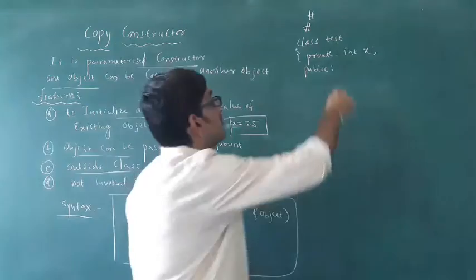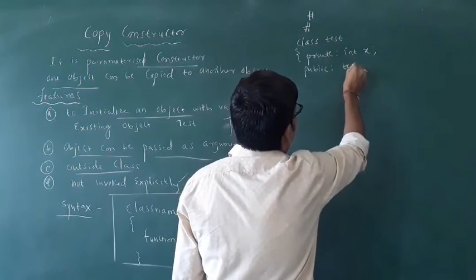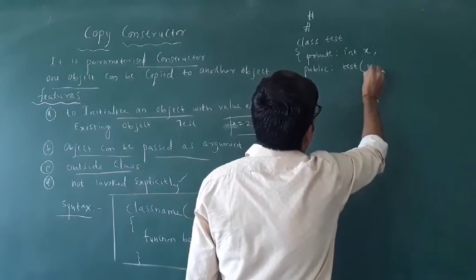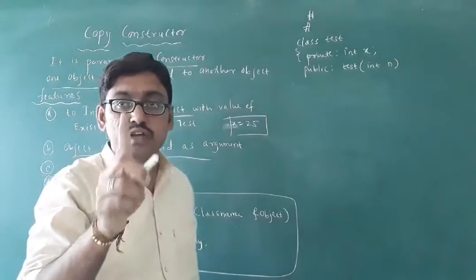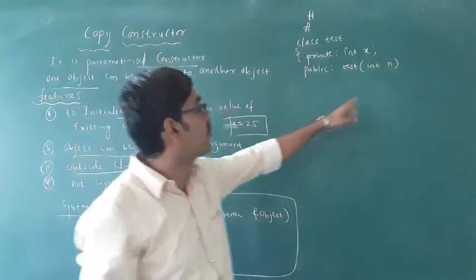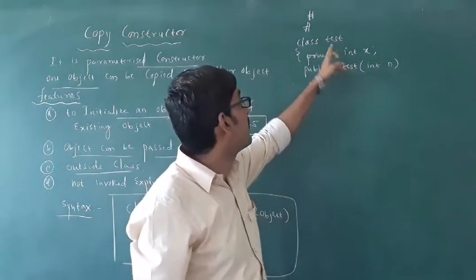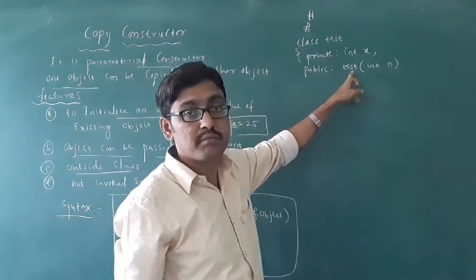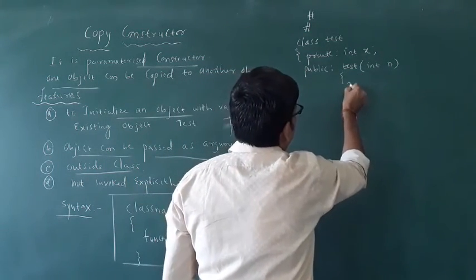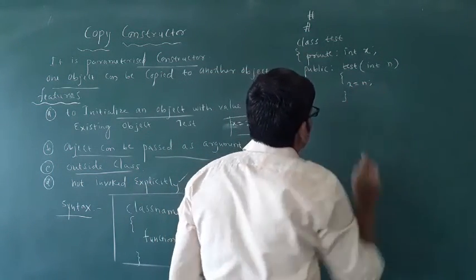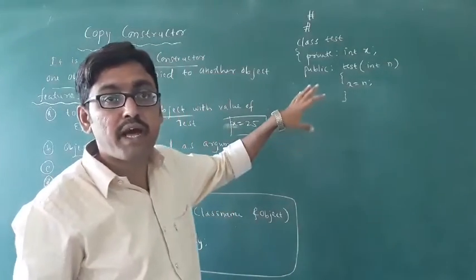You know, the class name and constructor name are always the same, text. A parameterized constructor always has one or more parameters. I am taking here one parameter: text(int n). Then now what I do is x equal to n. This is nothing but a parameterized constructor.